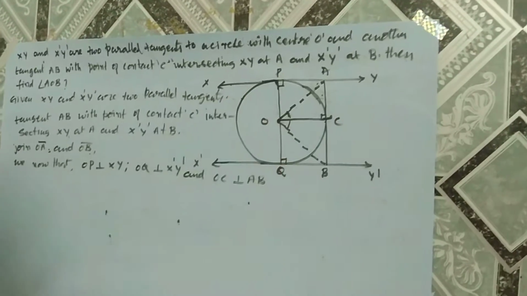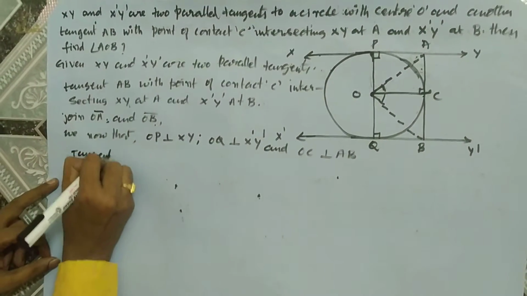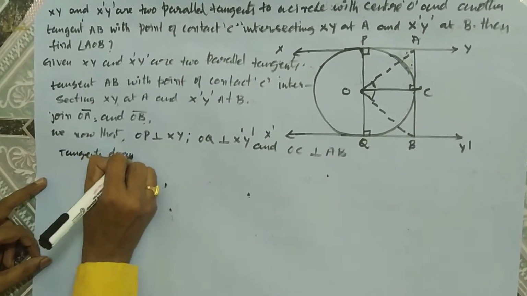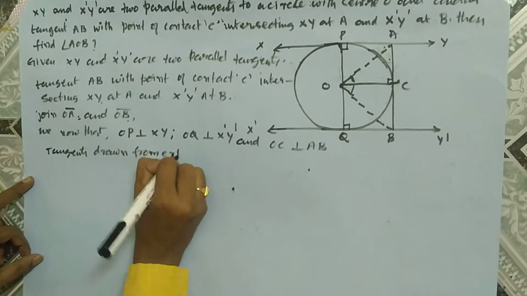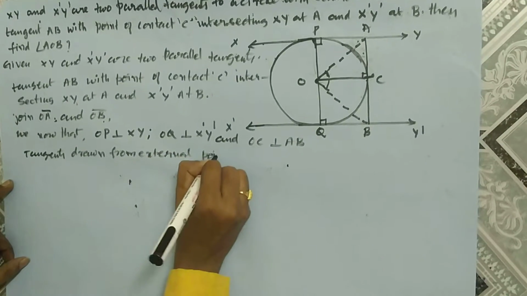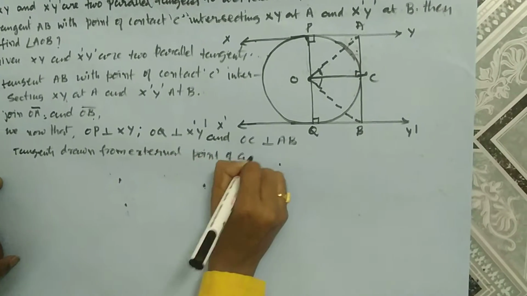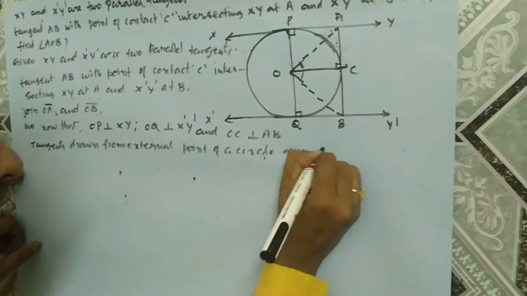AP equals AC, as tangents drawn from an external point of a circle are equal.